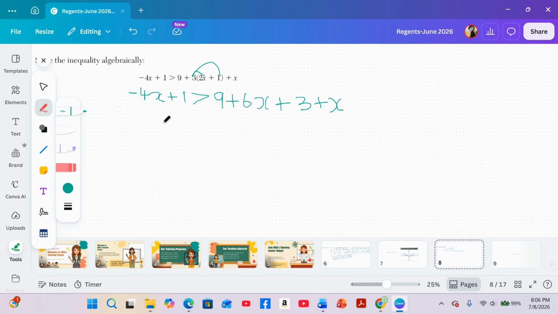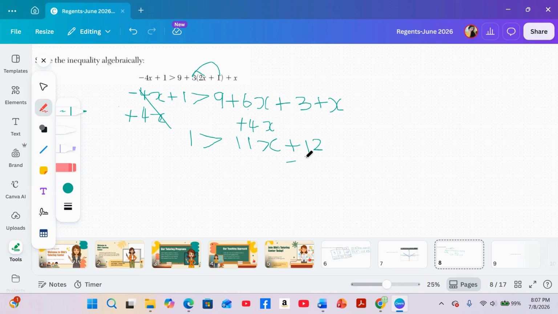So we're going to simplify this. We'll take this minus 4x over there by adding it over here to get rid of it there, and we're adding it over here. So this cancels. So now we have 1 is greater than 6 and 4, 10x, 10 and 1, 11x, 11x plus 9 and 3, 12.